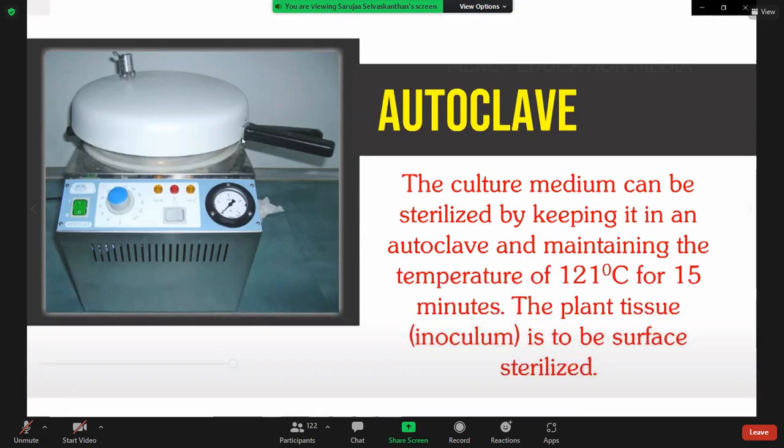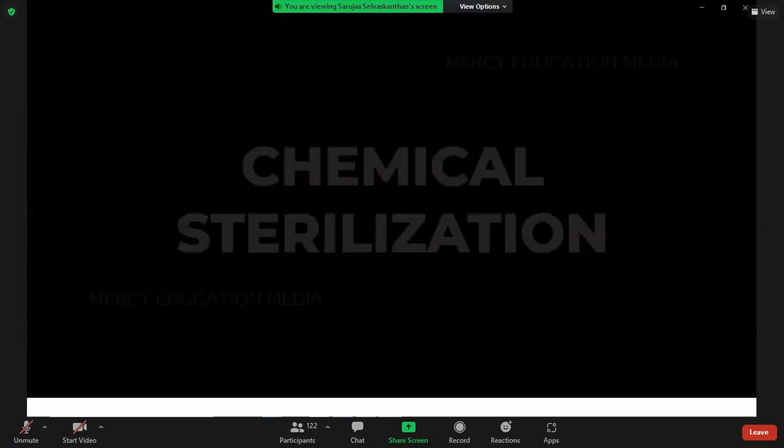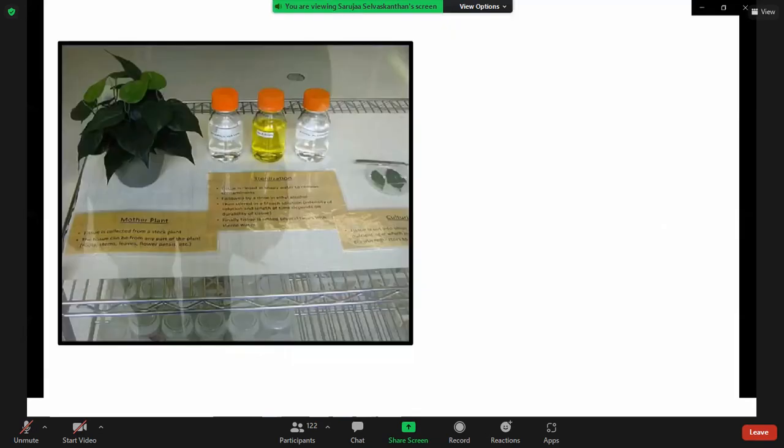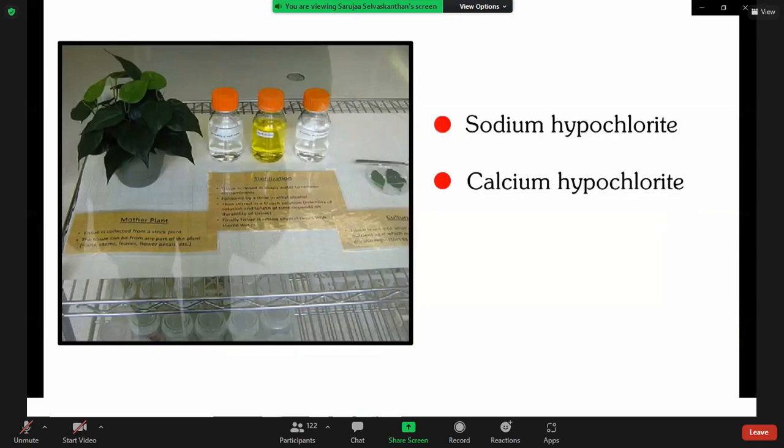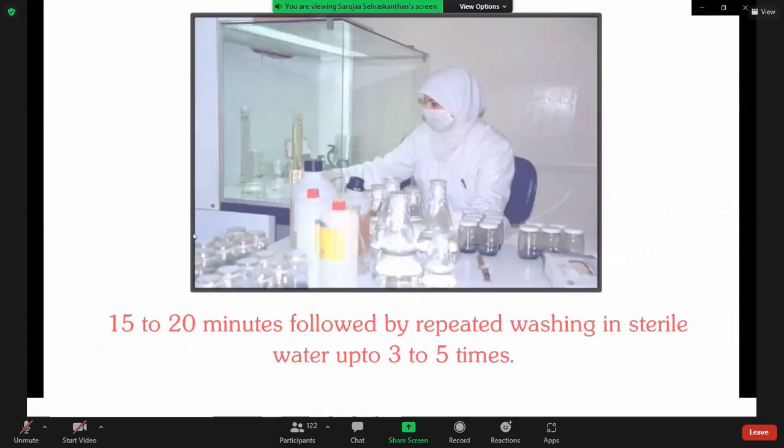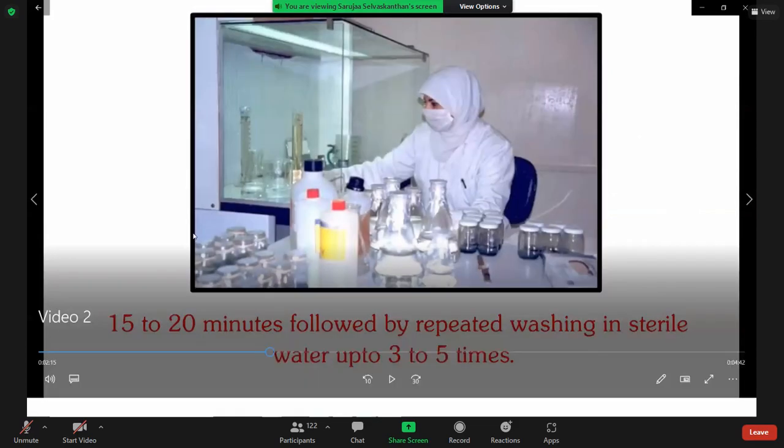The plant tissue, that is the inoculum, is to be surface sterilized. What do you know about chemical sterilization? By treating the inoculum in any one of the chemical sterilants such as sodium hypochlorite, calcium hypochlorite, mercuric chloride. Mercuric chloride we can't use nowadays, right?